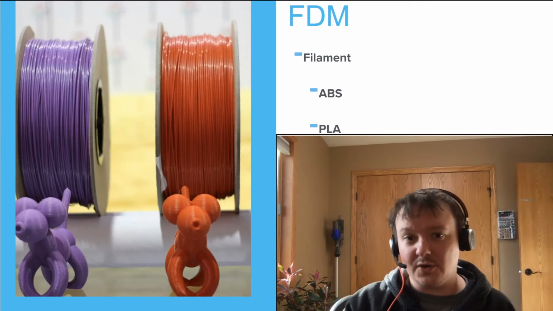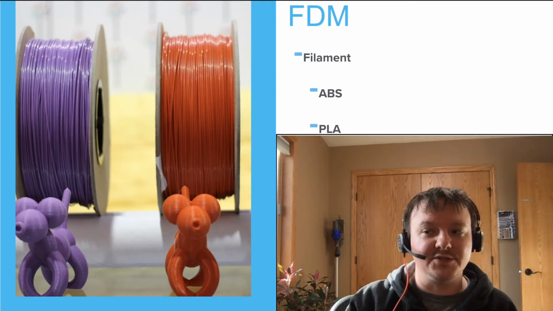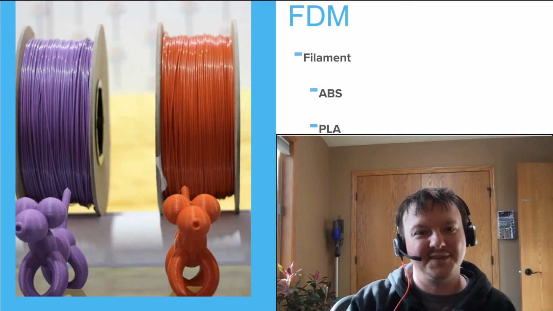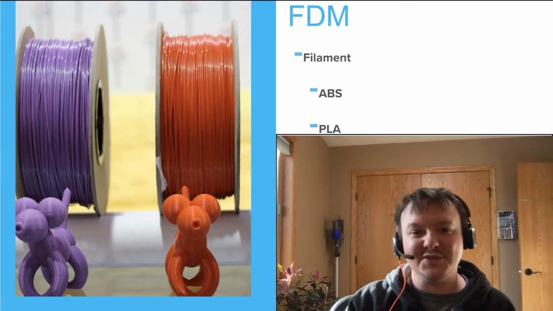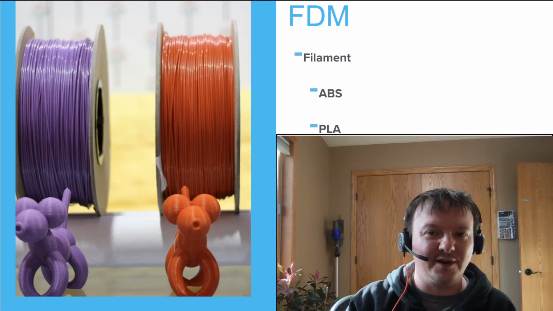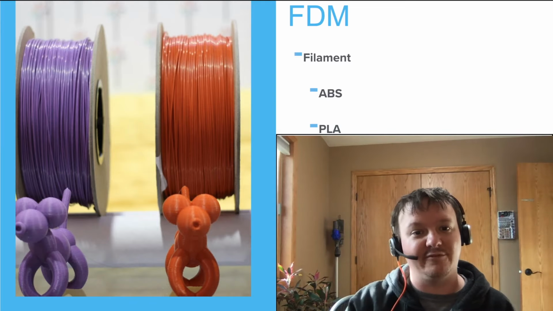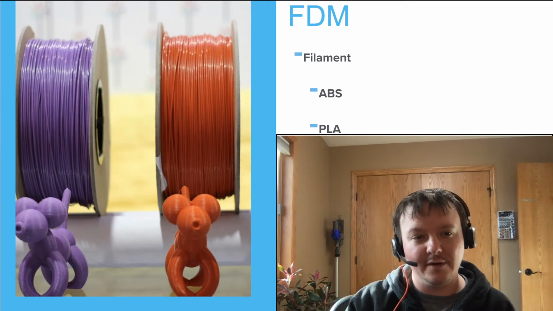So what are we talking about for filament? This is what the filament looks like. I just realized that Google messed up my slides, so you can't see all of those extra words. What the filament for an FDM printer is, is basically a long string of plastic. Generally, it's 1.75 millimeters in diameter.